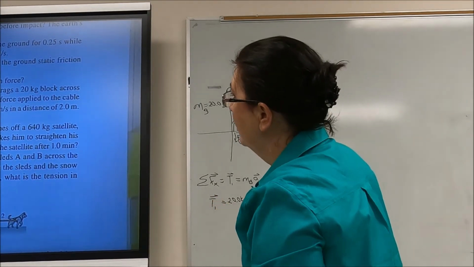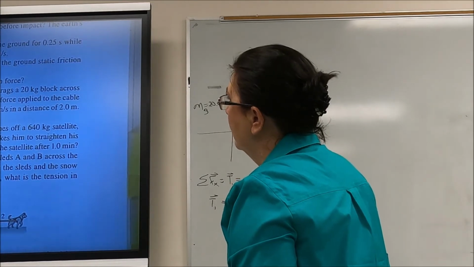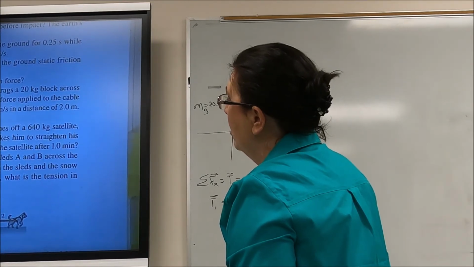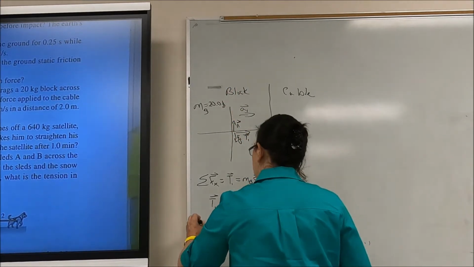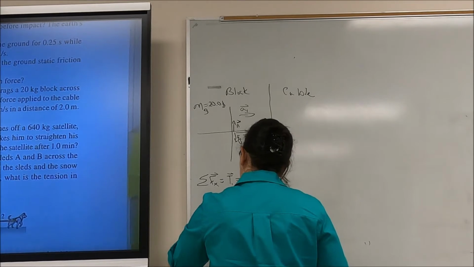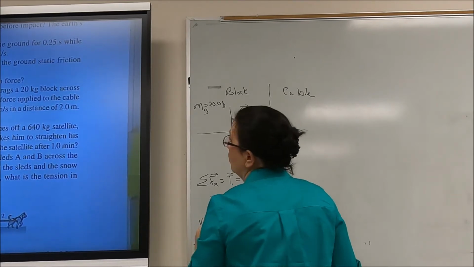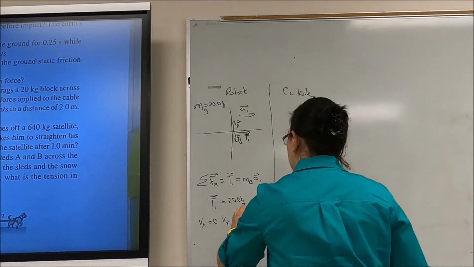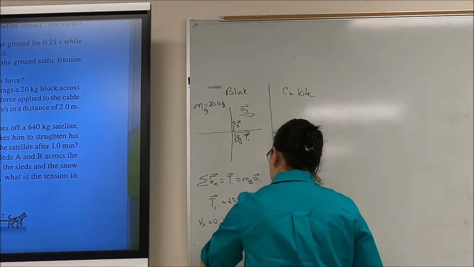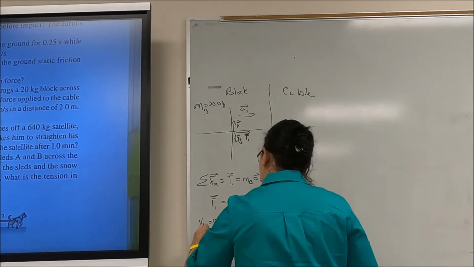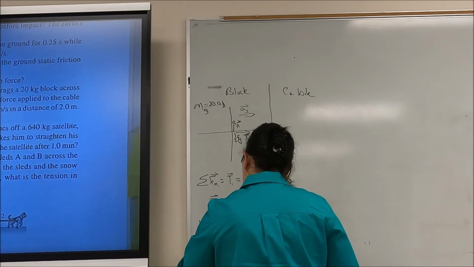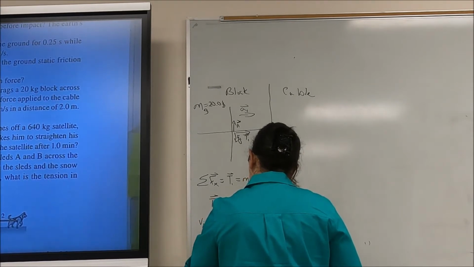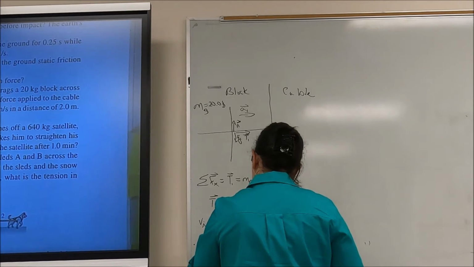and it tells us the acceleration. The block reaches 4 meters per second in a distance of 2 meters. So V initial was 0, V final was 4 meters per second, and delta x is 2 meters. I can use V final squared equals V initial squared plus 2 a_x delta x.